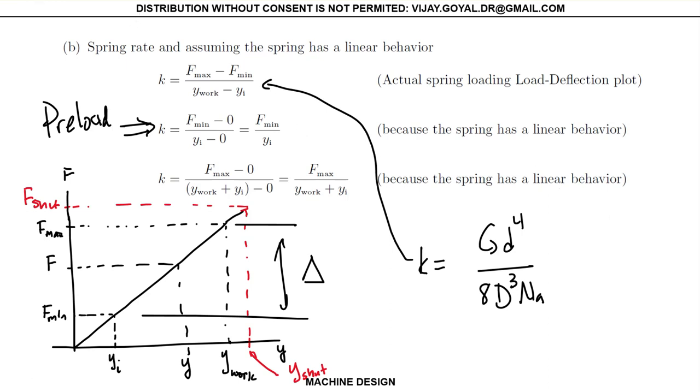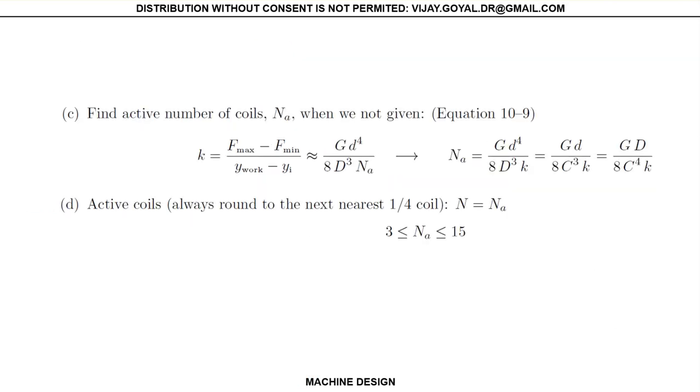Okay, so another item that you keep in mind when you're doing this is the number of coils. These are how many coils will be active in the problem.